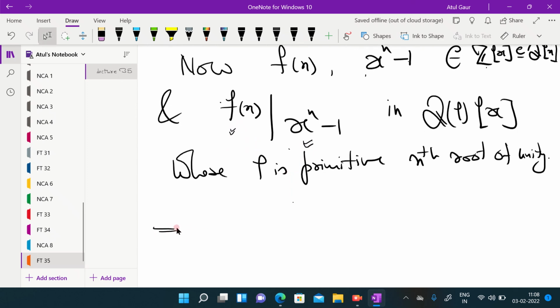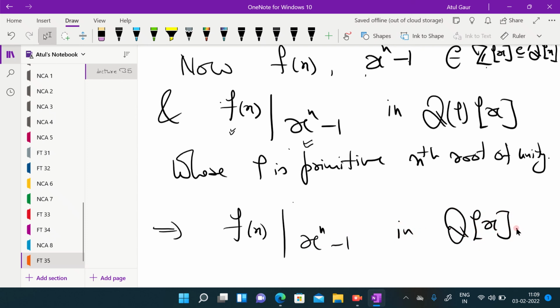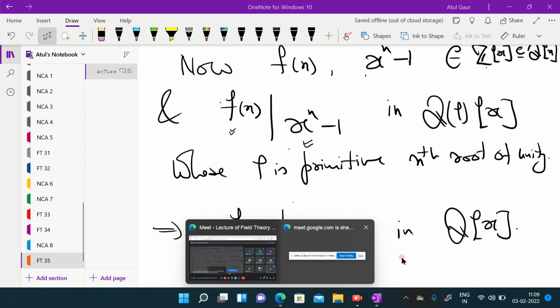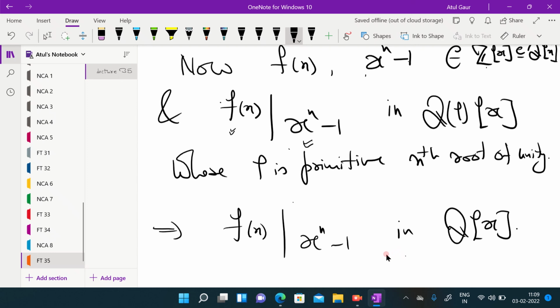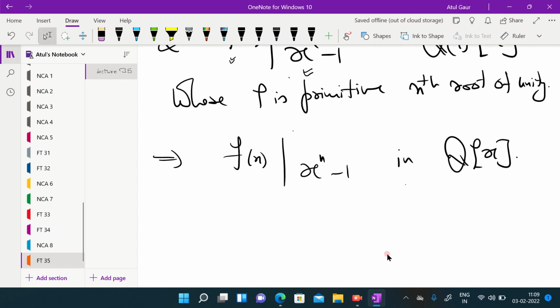Is that fine? Are you getting? Yes, sir. Okay. So this division is also performed in qx, right? So that simply means xn minus 1 is fx into some, let's say, f1x. This is for some f1x in qx.